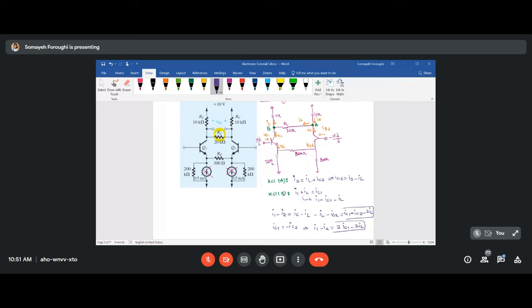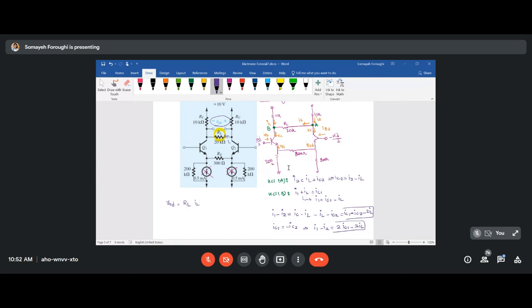Okay, let us continue. If I want to find VOD, listen, this is different. VOD is actually the voltage difference across RL, while a current IL is passing through it. So you can say VOD will be RL times IL.